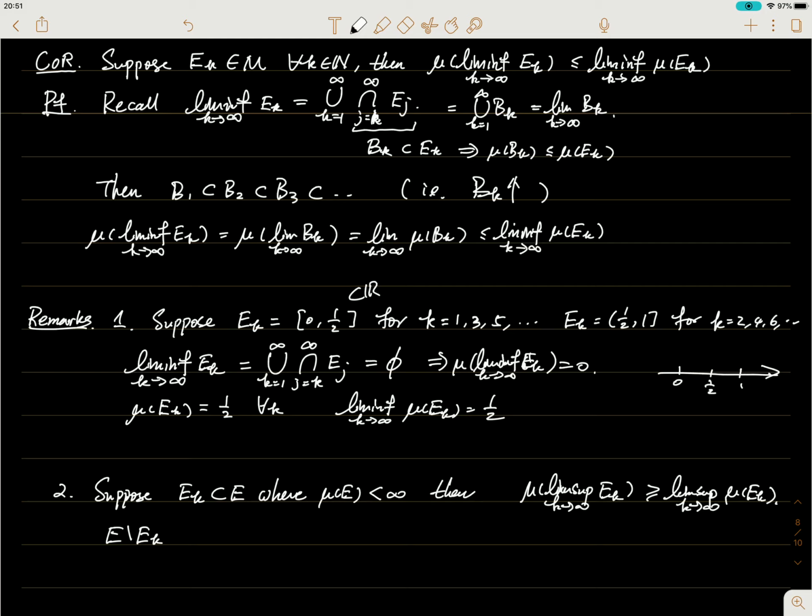Notice that if we take the lim sup of Ek, as we know, this is just equal to this.